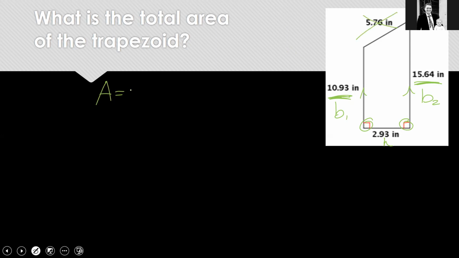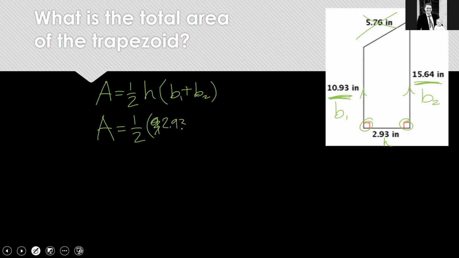So area is equal to 1/2 height times base 1 plus base 2. So our area is equal to 1/2. Our height in this case is 2.93. Our two bases are 10.93 plus 15.64.